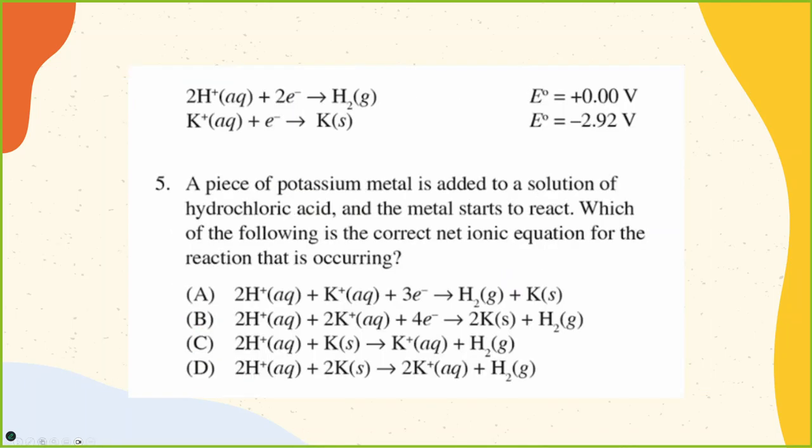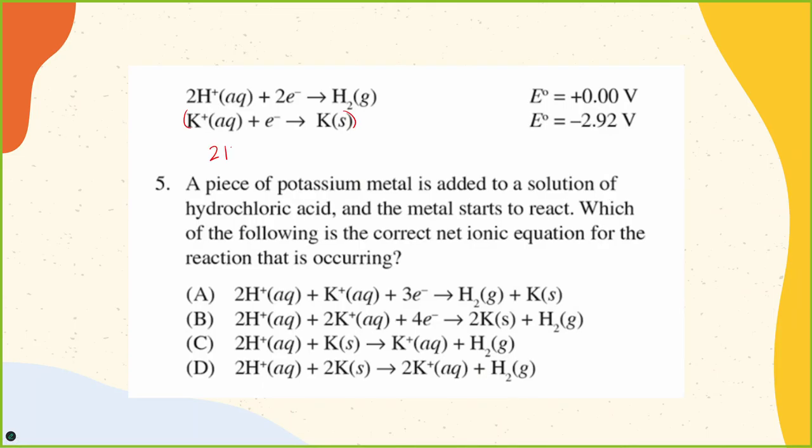Here we have 2 reduction potentials. A piece of potassium is added to a solution of hydrochloric acid. The metal starts to react. Which of the following is the correct net ionic equation for the reaction that is occurring? So the only way this works really is if we flip the bottom one. Flipping the bottom one puts K, and we're going to have to multiply this one by 2.